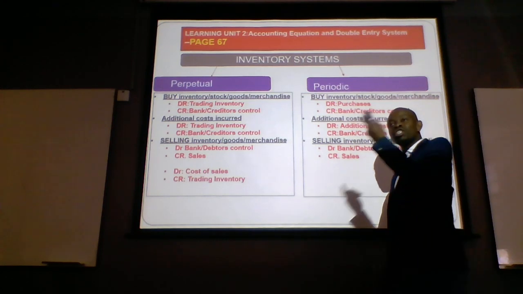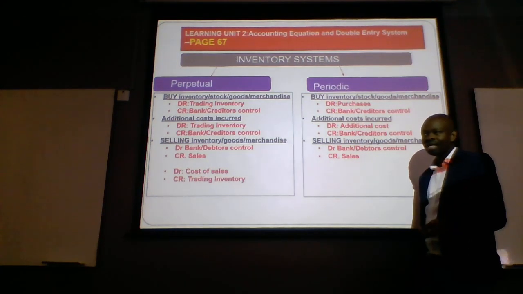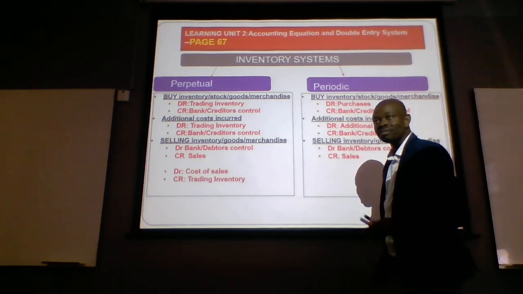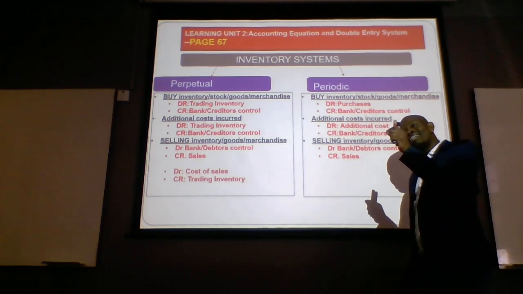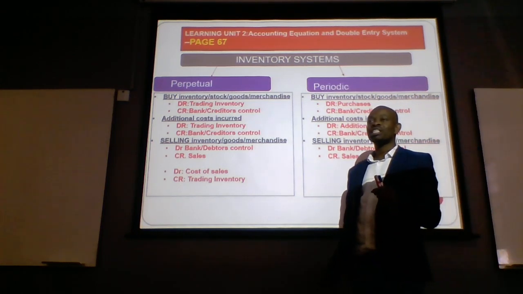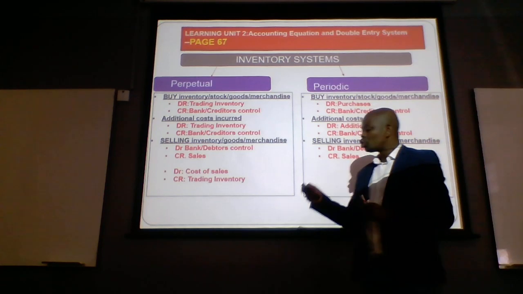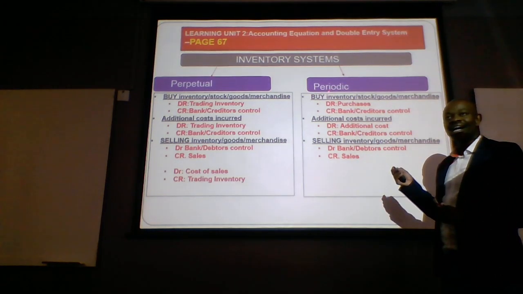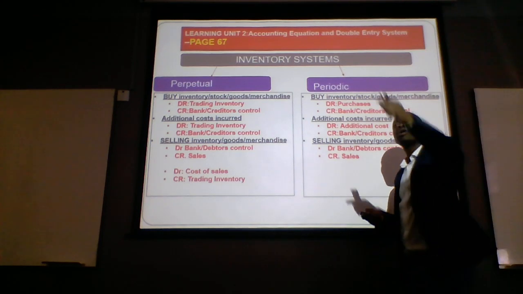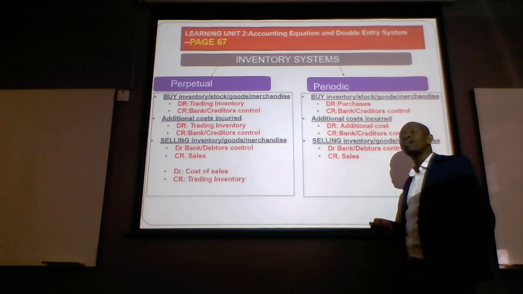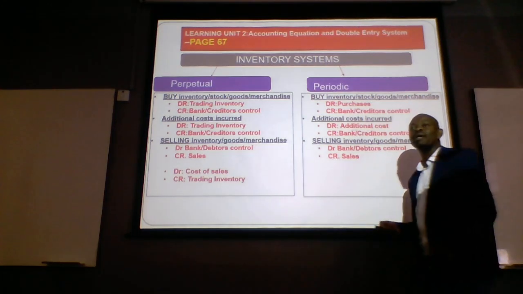Still, when you sell stock, you have sales. But under the periodic system, when you sell, you don't show cost of sales for each and every sale. You wait till the end of the period. It's then that you calculate cost of sales for all the sales at the same time.